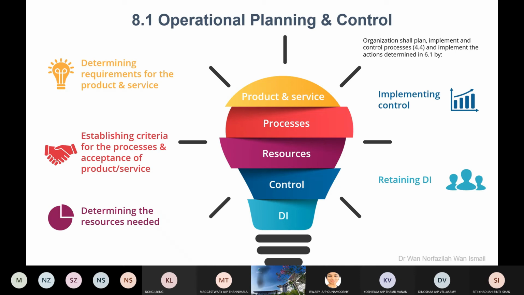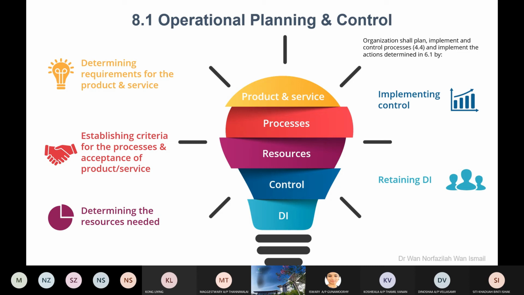Subclause 8.1 is talking about operational planning and control. So again, any clause, any process, we are going to start with planning. Remember PDCA, we start with plan.